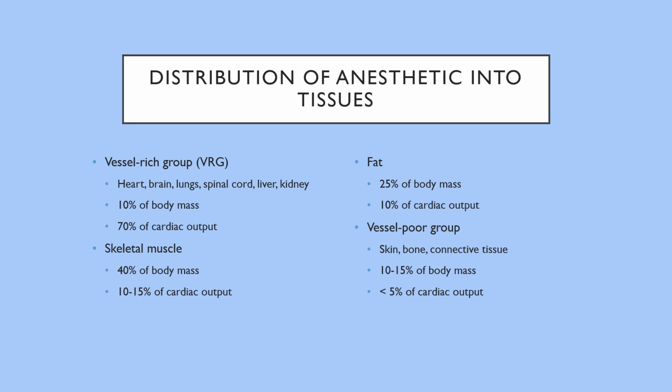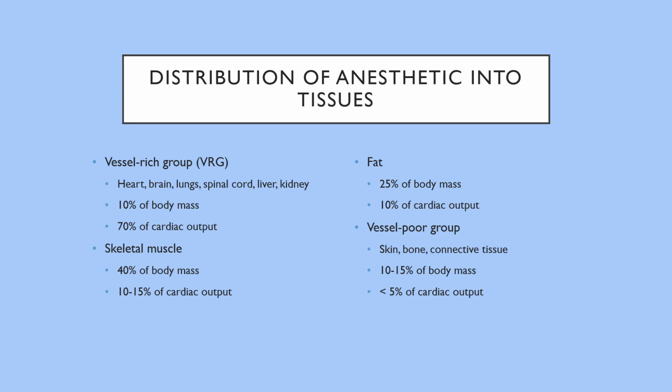The next one is skeletal muscle, which represents about 40% of the body mass, and it receives about 10 to 15% of the cardiac output at rest. Fat comprises about 25% of body mass, and it receives about 10% of cardiac output. And then the vessel-poor group includes skin, bone, and connective tissue. It accounts for about 10 to 15% of body mass, but it only gets less than 5% of cardiac output.